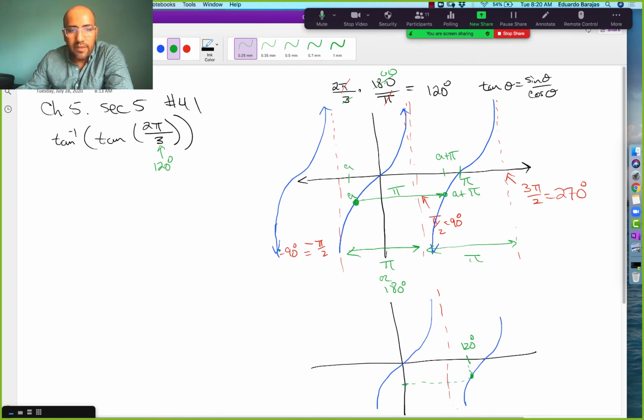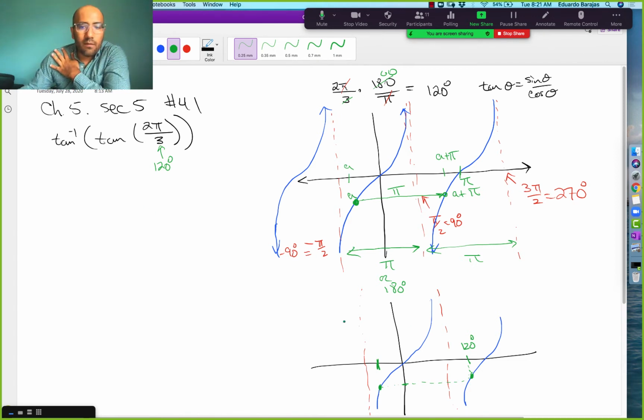But then when we apply the tan inverse function, it isn't going to go backwards and give me that number. It's going to come over here and give me this number over here. Good. Sort of, kind of, maybe.